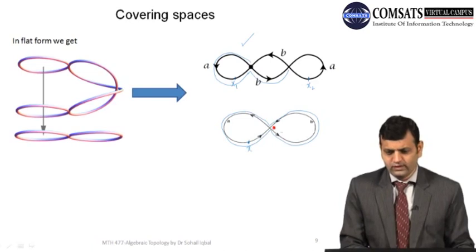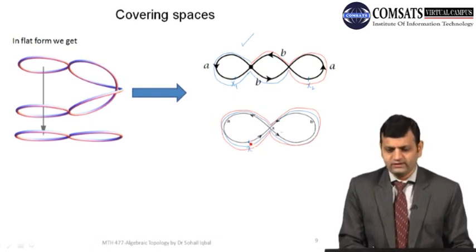Now if I move again along this A, then I'll be moving along this A. And when I move along this B, then I'll be moving along this B in the covering space.